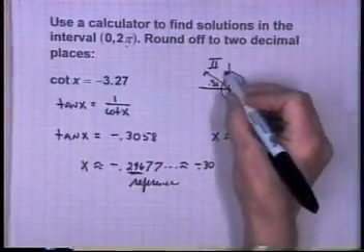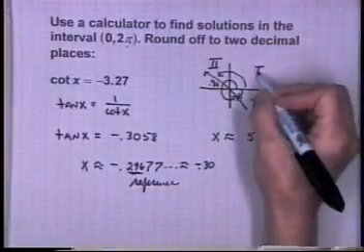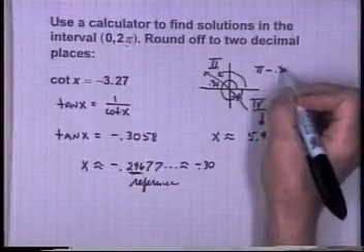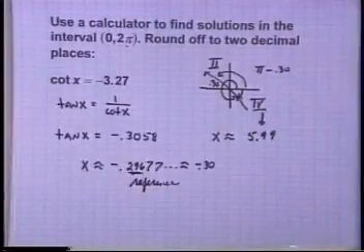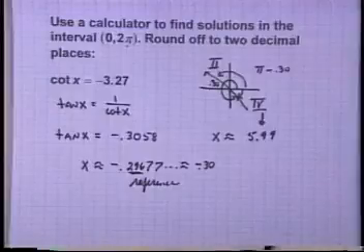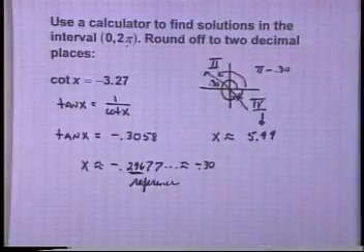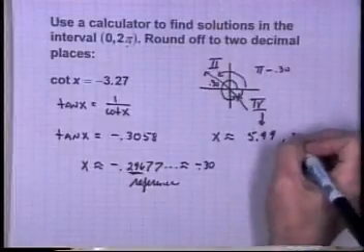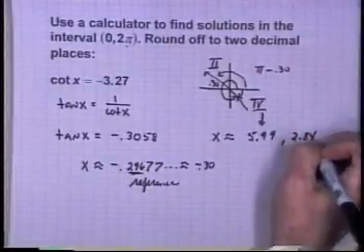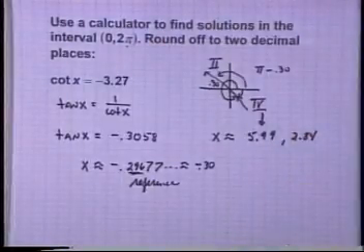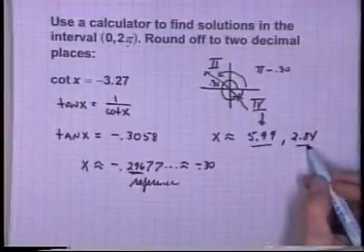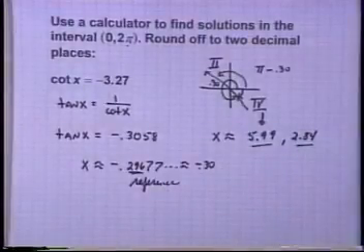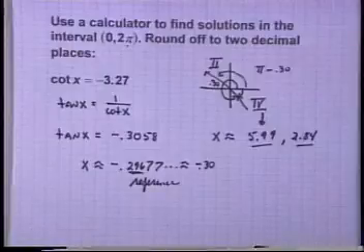So I need from here to here, which means I need pi minus that 0.30. So we can just take our pi and subtract that 0.30, and we have about 2.84 for our other solution here. Now it really doesn't matter which one of these you get first, but you do need to find both the quadrant 2 and quadrant 4 solution to our value.